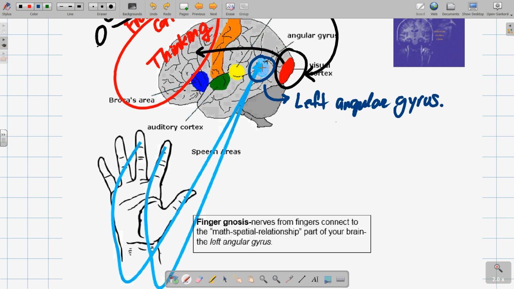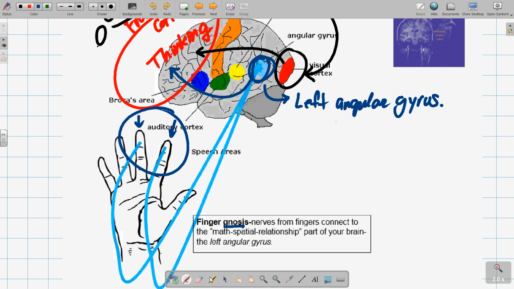And that part of your brain processes visual mathematical information, is specifically connected to what are called the eye fingers, and that is your first finger, not counting your thumb, and your middle finger, your index and your middle finger. Those are called your eye fingers. Those are specifically connected. They have nerve endings that go all the way and feed information to that left angular gyrus to process our understanding of math, and then that feeds it to your thinking part of your brain. This is called finger gnosis. Finger gnosis. Gnosis means to know.